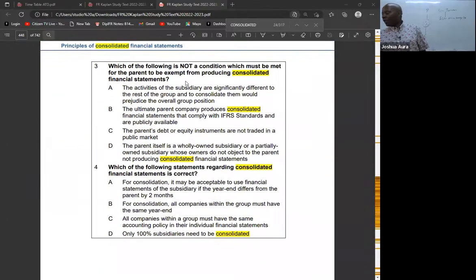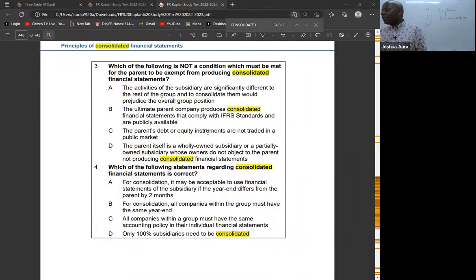Which of the following is not a condition which must be met for the parent to be exempt from producing consolidated financial statements? As you see, they ask things in the opposite way. A, the activities of the subsidiary are significantly different to the rest of the group, and to consolidate them would prejudice the overall group position.